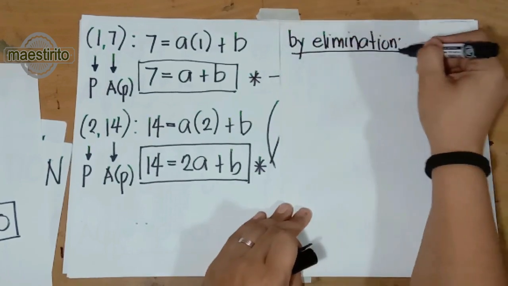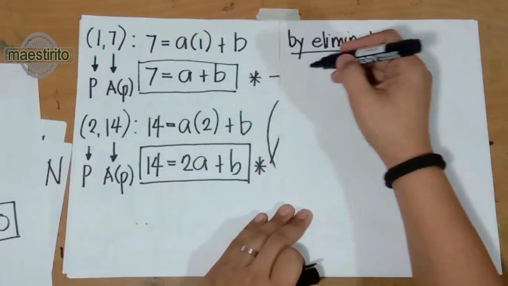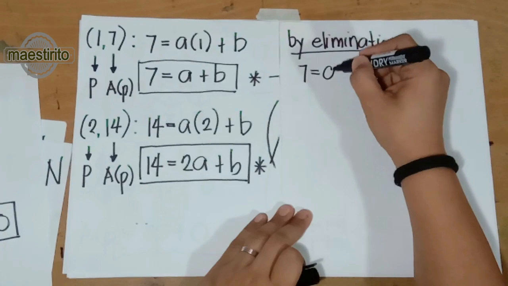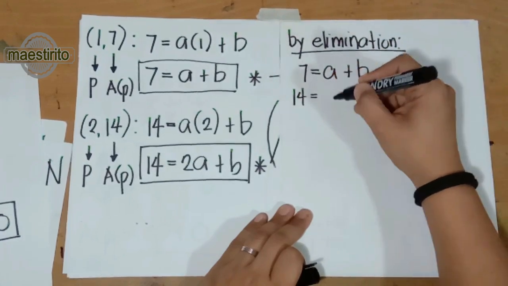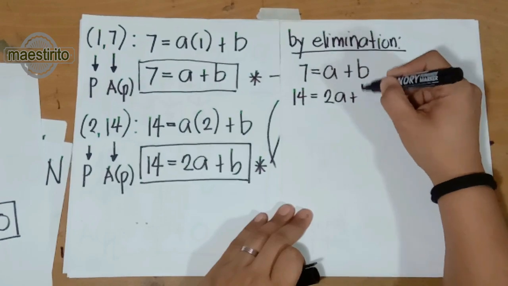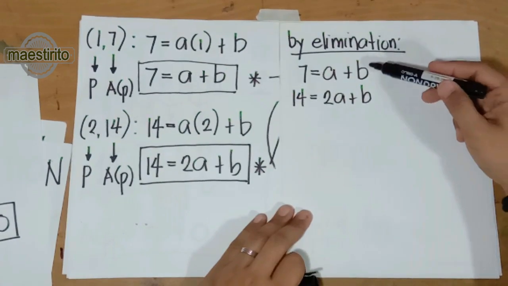I hope you still recall this from high school. So let me have again 7 is equal to A plus B, and then 14 is equal to 2A plus B. Now by inspection, it is easier to eliminate the B.